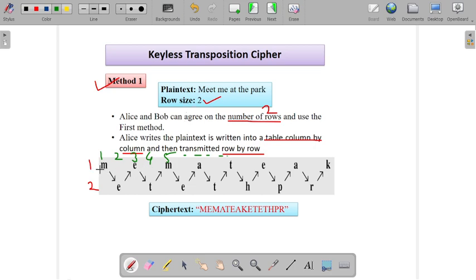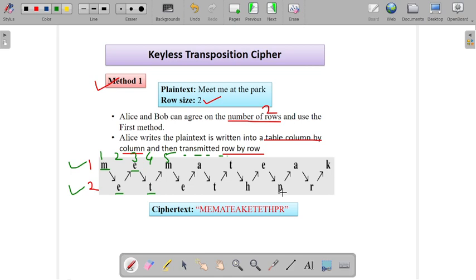We write M in the first column, then E in the second column, then E in the third column, T in the fourth column. We have only 2 rows, so according to the 2 rows, we write all the characters in columns as per this manner.